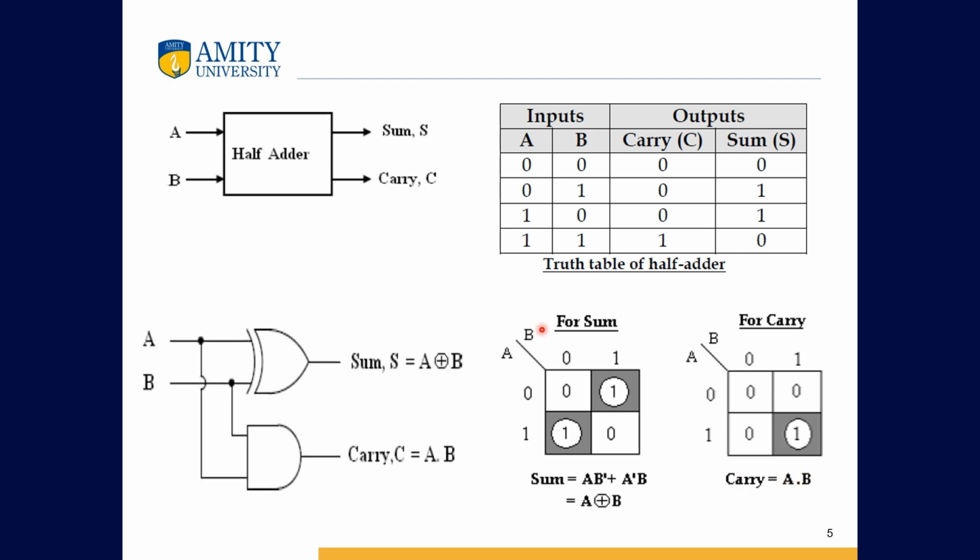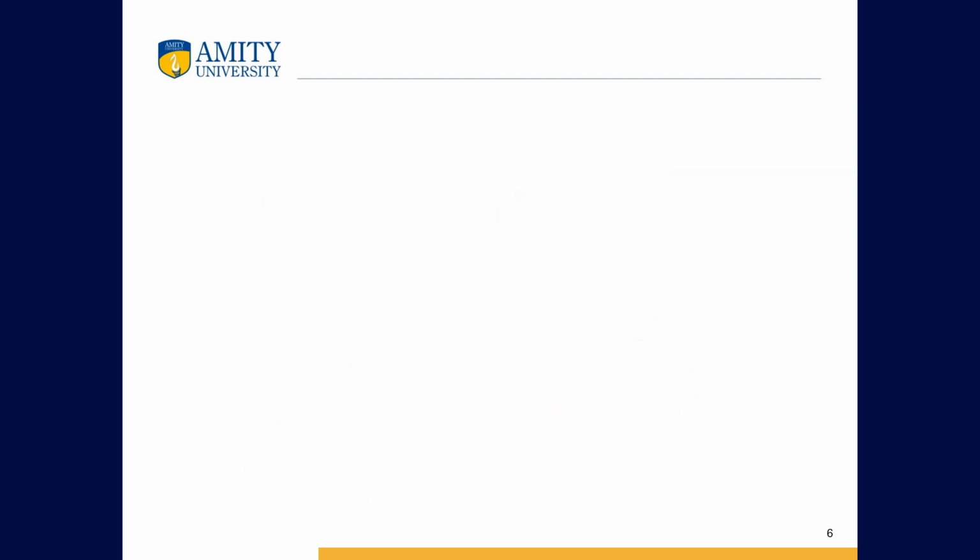So from these two expressions we can finally make a logic diagram. To simplify this, we have used XOR over here. So an XOR gate for a and b gives us the sum, and a and b ANDed together, since both a and b have to be 1, we get the carry bit. This is a simple logic circuit for a half adder, the truth table, the k-map, and this is all you need to know about a half adder.